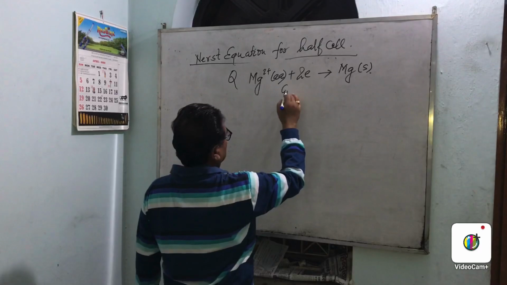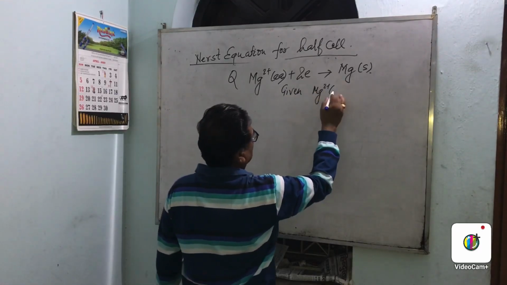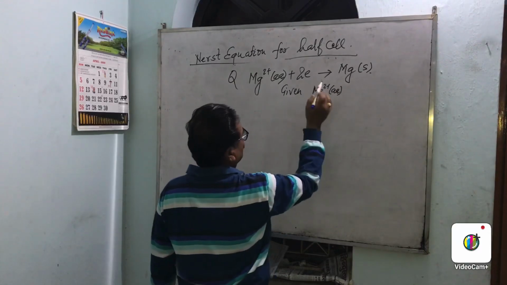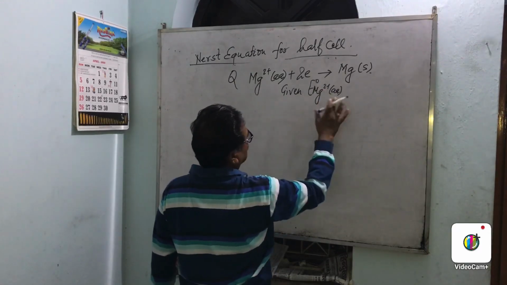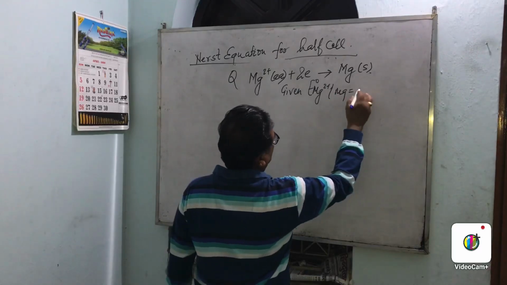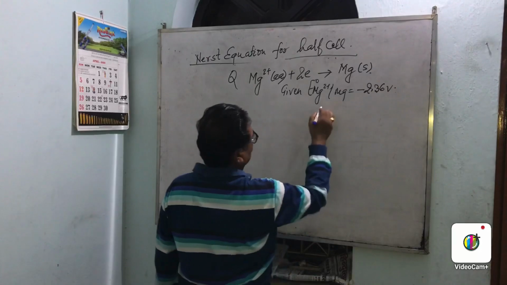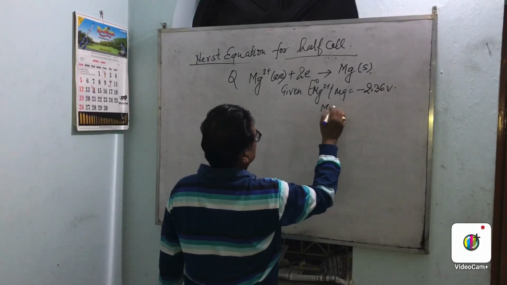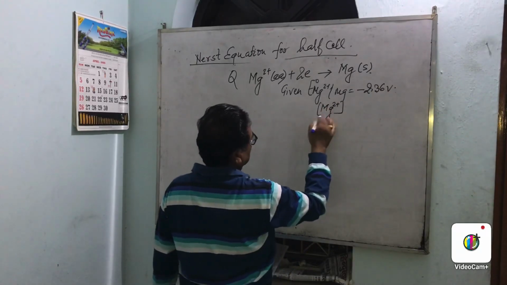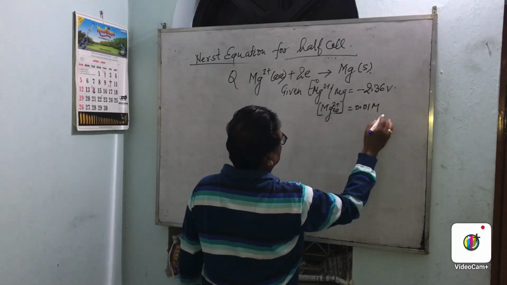Given E0 Mg2+ over Mg is equal to minus 2.36 volt. The Mg2+ ion concentration aqueous is 0.01 M.